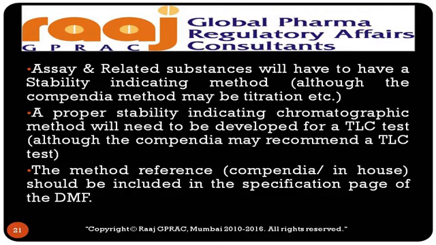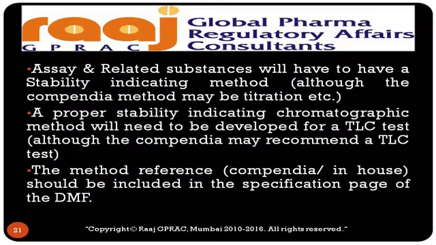Why have I written like this? Because your product could be official in the USP, but USP says that the material is analyzed by titration. Still, you have to develop your in-house method, which is HPLC and which should be stability indicating. Why is it called stability indicating?